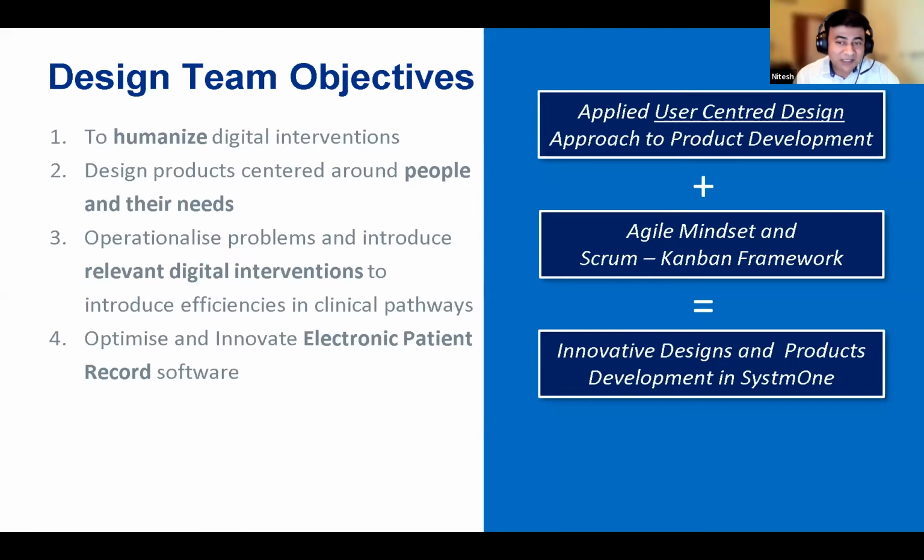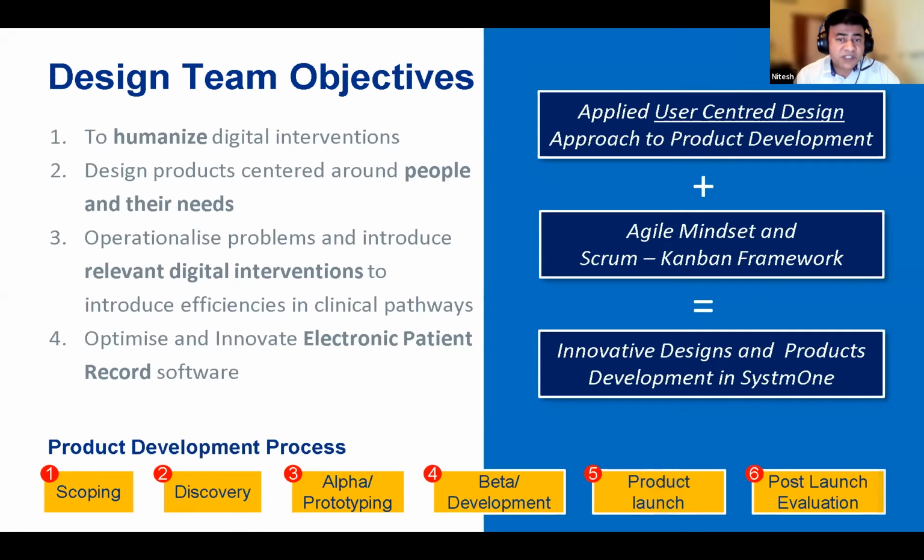And combining that with an agile mindset, because the NHS is very complex and there are changing goalposts, and applying Scrum and Kanban frameworks specifically for embedding the user-centered design approach has helped us hugely in creating designs and product innovations.